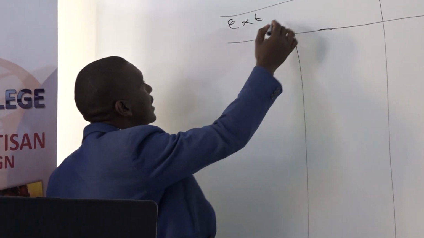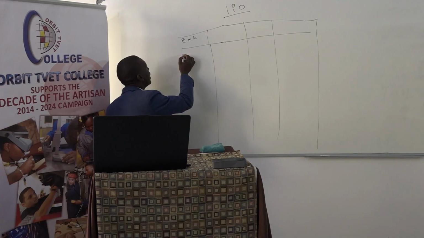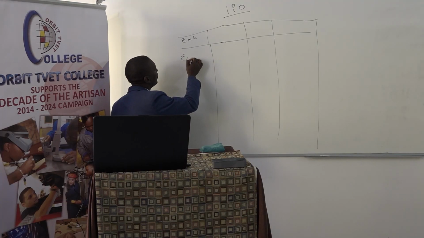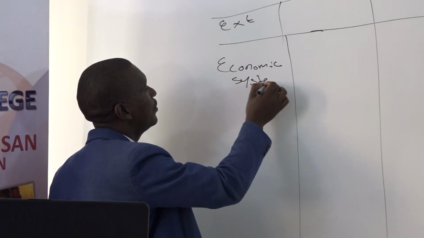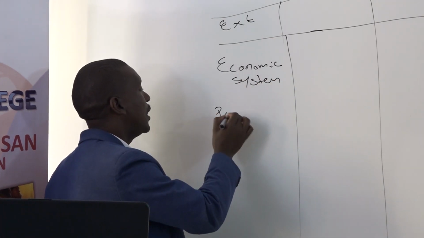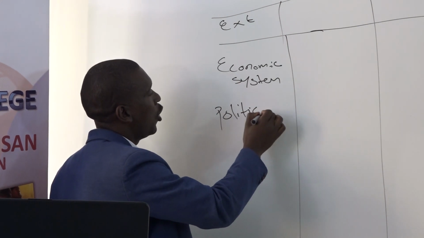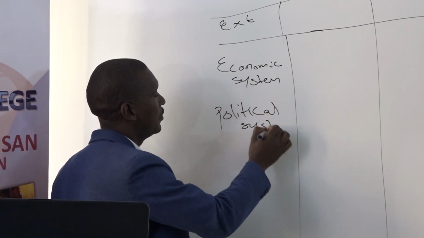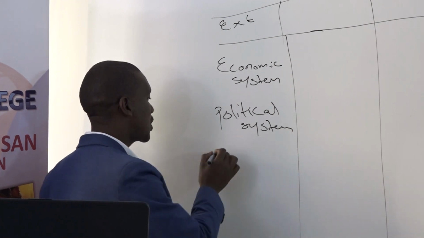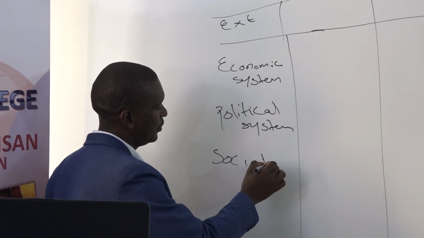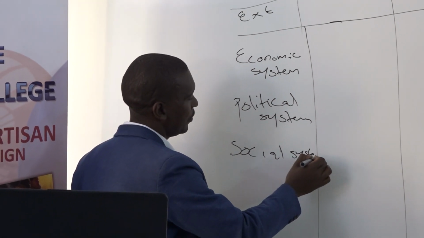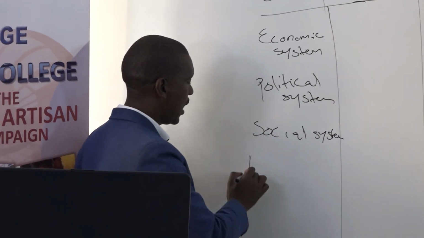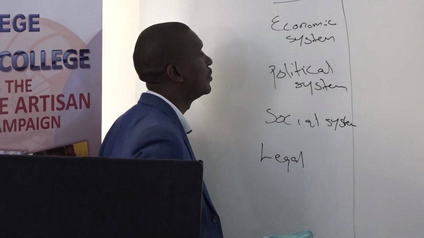Under the external environment, we have the economy, known as the economic system. We have politics, or the political system. We've got our social system. Then we've got our legal system.